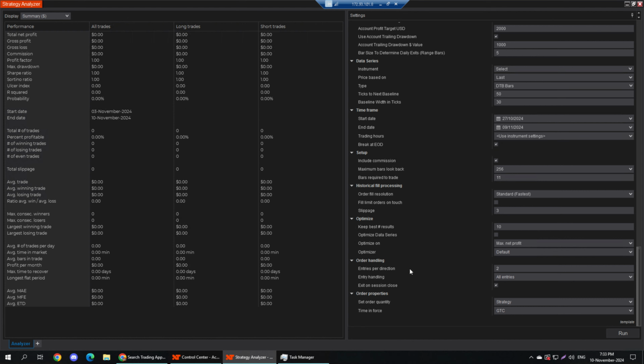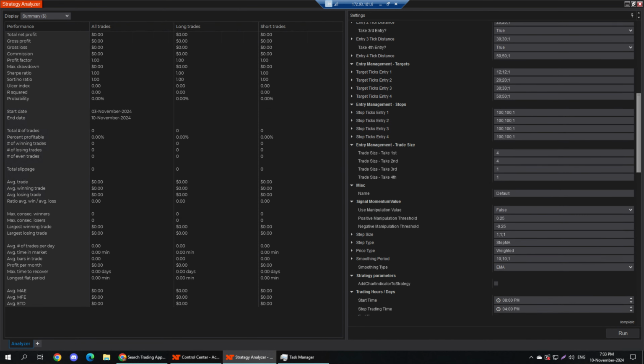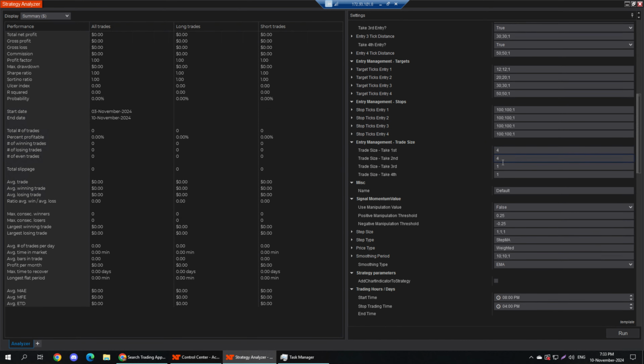Now here's the entries per direction. So you'll see over there it's set to 2, but if you look at the top of the settings, you'll see it's got 4, 8, 9, 10. So when you run optimizations on the strategy, this will be picked up as 4 entries. But as we saw earlier, NinjaTrader might not fill all 4 entries at the same time.